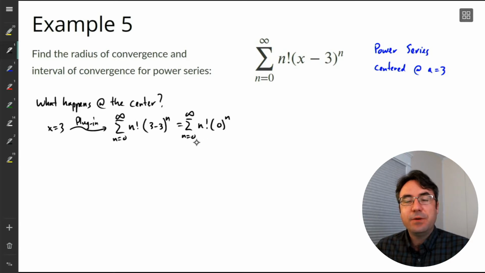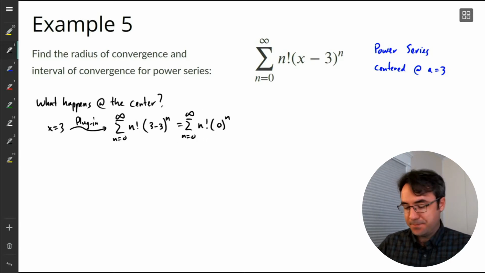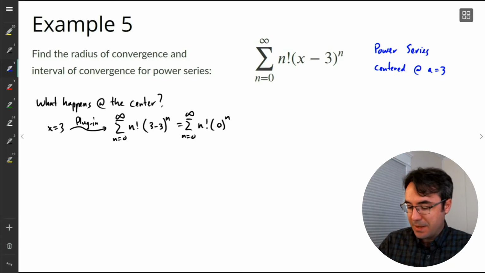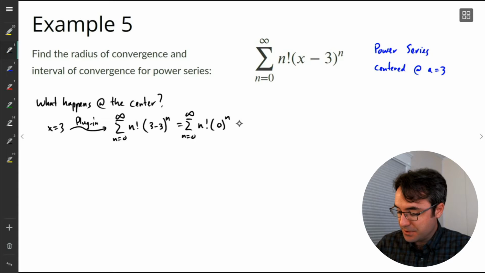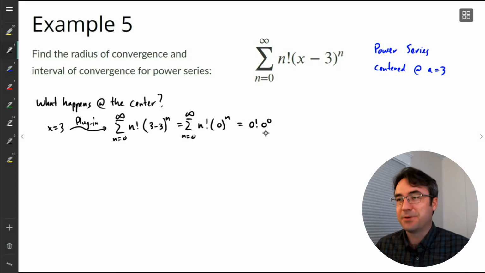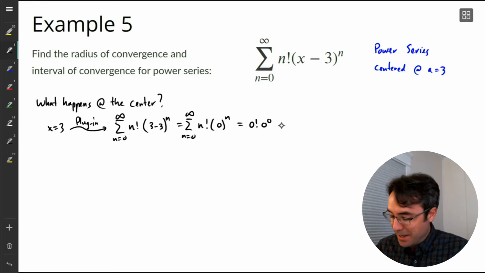And we use a convention here. If we were to write out the first few terms, we would have 0 factorial times 0 raised to the 0, plus 1 factorial times 0 raised to the 1, plus 2 factorial times 0 squared, and so on.